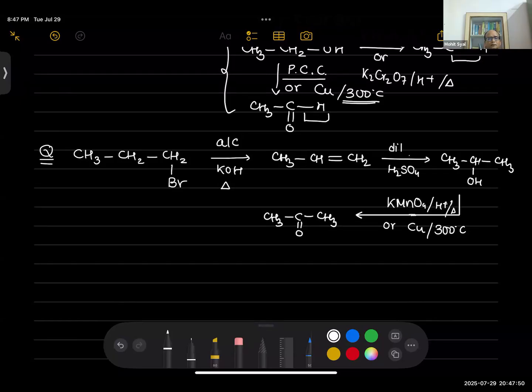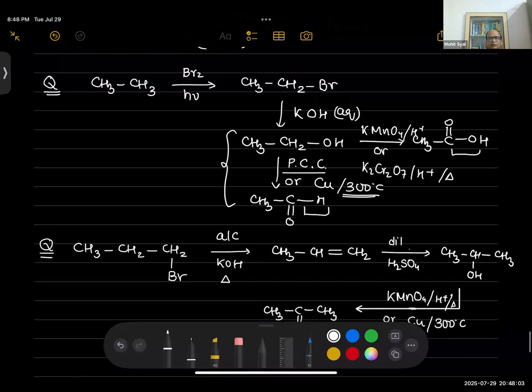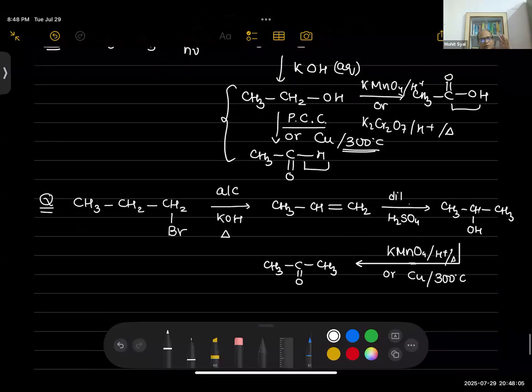So let's move to the next reaction. This is the oxidation reaction, very, very important. These two questions are very important for us. For primary alcohol, there were two options, aldehyde or carboxylic acid. With mild TCG, you ended up with aldehyde. With copper at 300, you ended up with aldehyde.